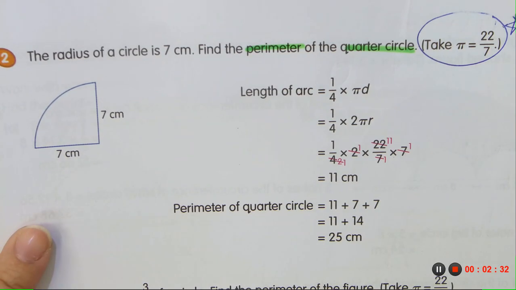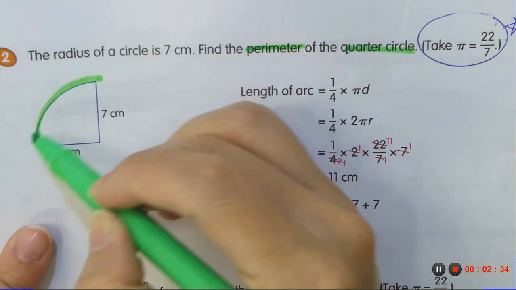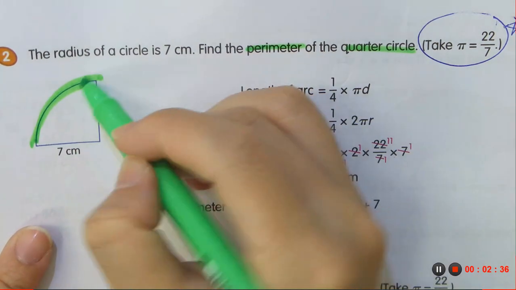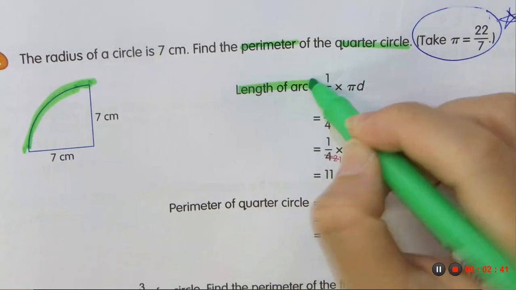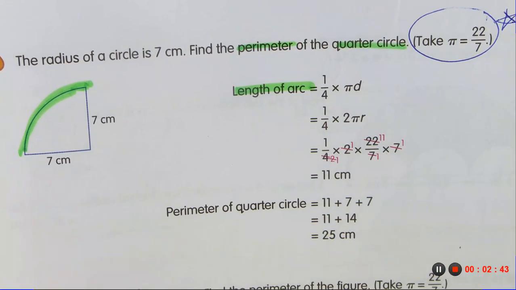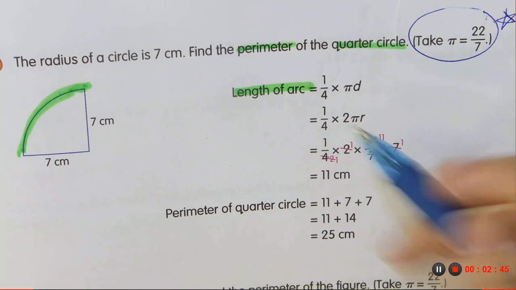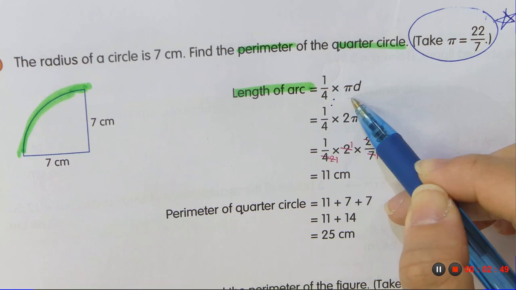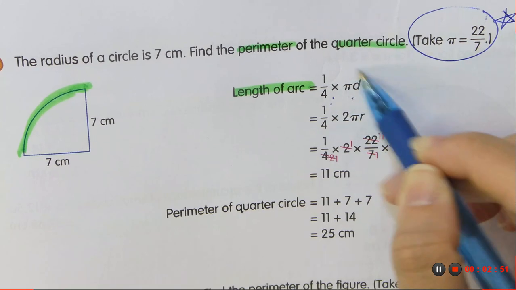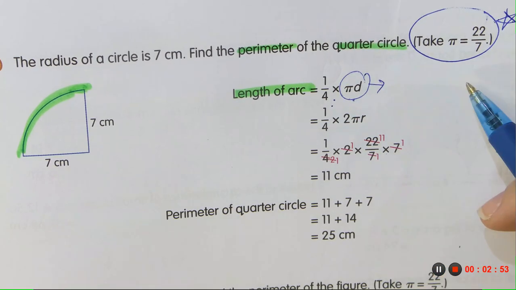First, I have this one. This curve is called the arc. If I want to find the arc, I have to use 1/4 multiplied by pi d, which is 22.